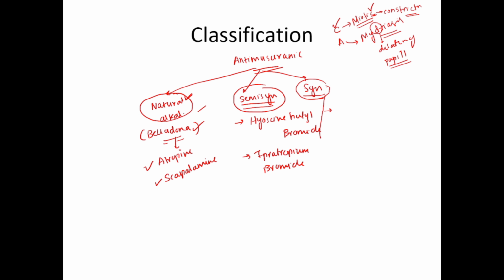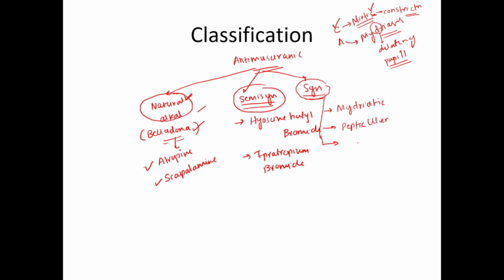Okay, is it clear? So based on therapeutic activity, you are going to have your mydriatic compounds, those drugs which cause mydriasis. Then we are also going to have the drugs which help in the treatment of peptic ulcer.